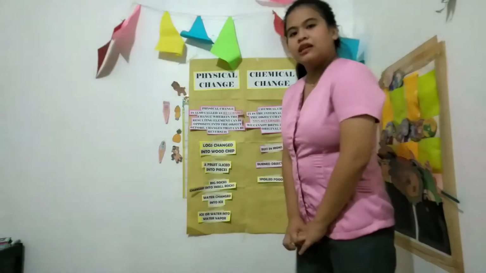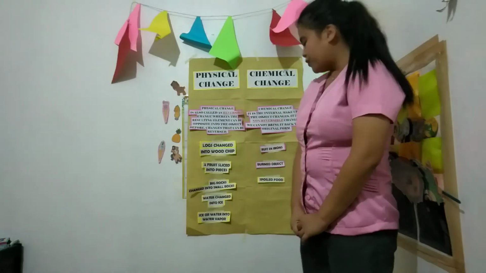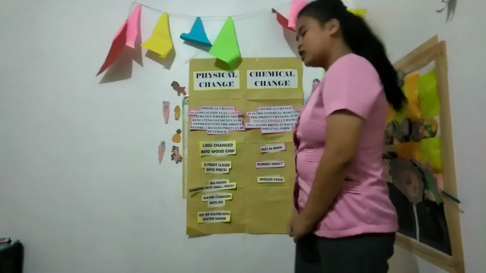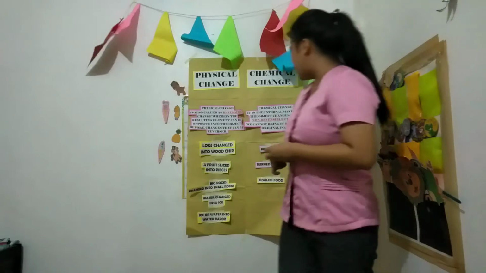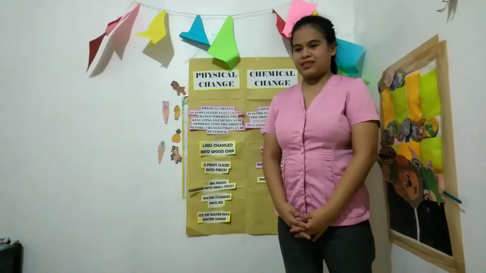The best examples of chemical change are rust on irons, burned objects, spoiled food. Just like a spoiled apple. We cannot change that because it is non-reversible. It is already spoiled. That's it.